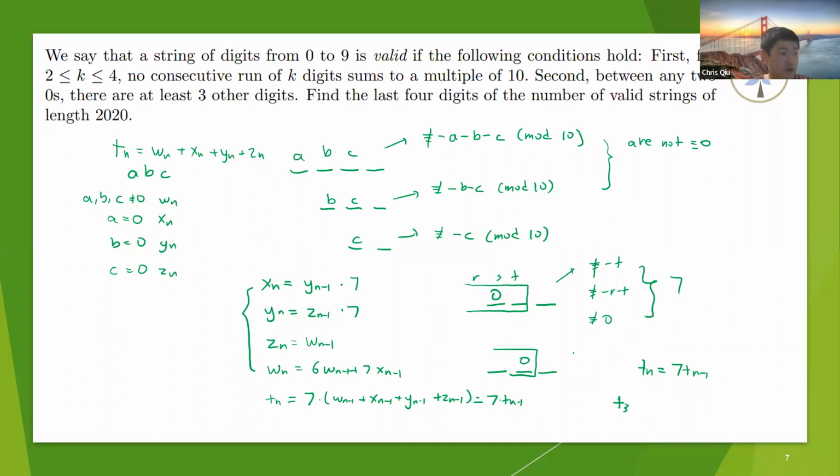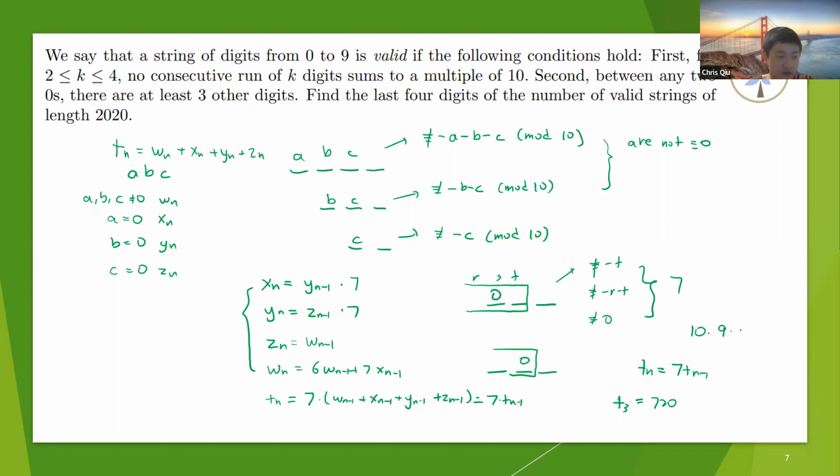And so let's just calculate what T3 is. By calculating T3, we can find that T3 is equal to 720, and this is by just picking the digits one by one. We're gonna have 10 ways to choose the first digit. We're gonna have 9 ways to choose the second digit, because these two digits cannot sum to 10 or 0.